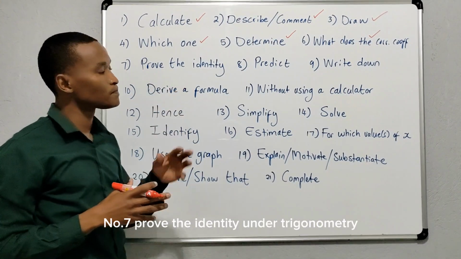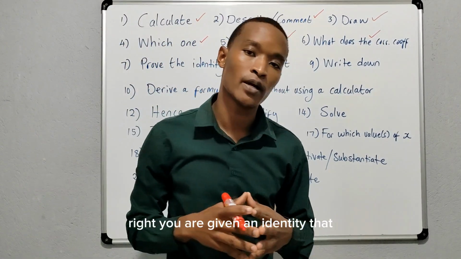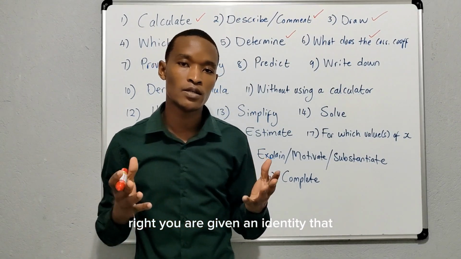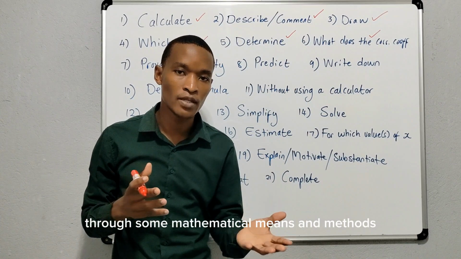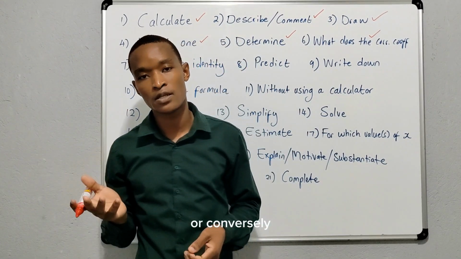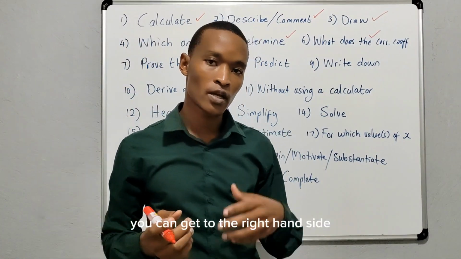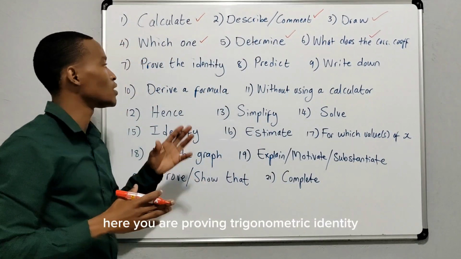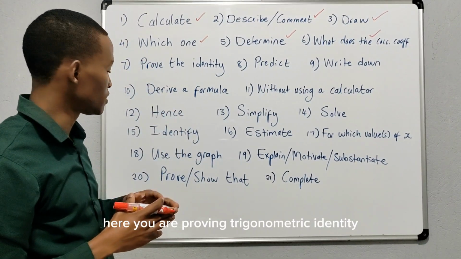Number 7, prove the identity under trigonometry, right? You are given an identity that you must prove: through some mathematical means and methods you can get from the right-hand side to the left-hand side, or conversely, from the left-hand side to the right-hand side. So here you are proving a trigonometric identity.